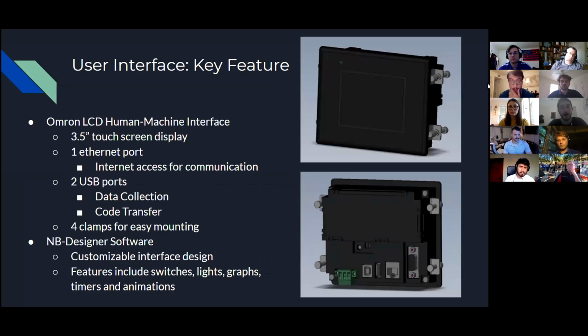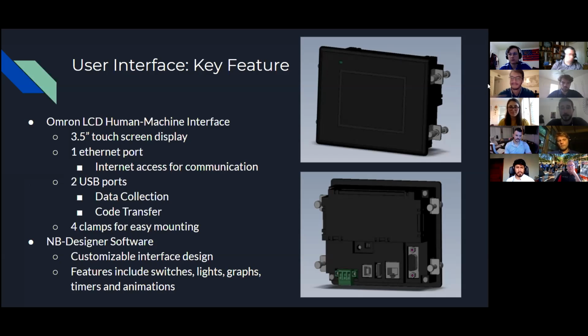This screen, while being small and simple, has many other key features, including the ports on the back, which include an Ethernet port, which gives the screen internet access for it to come into contact with smartphones, as well as 2 USB ports that are used for data collection and transferring code between the screen and the NB Designer software itself.